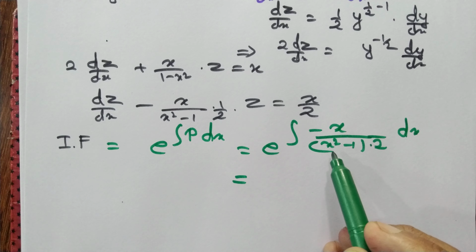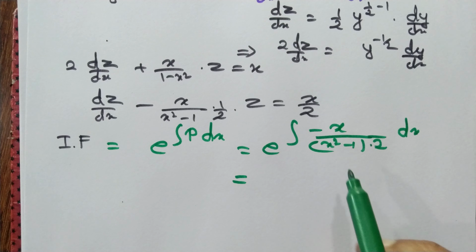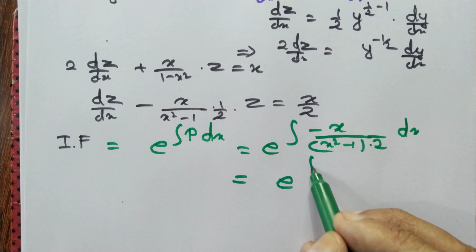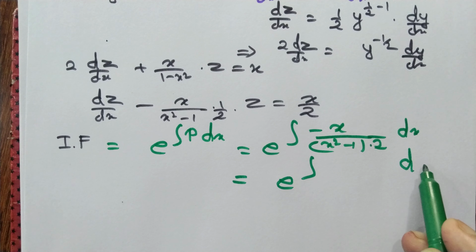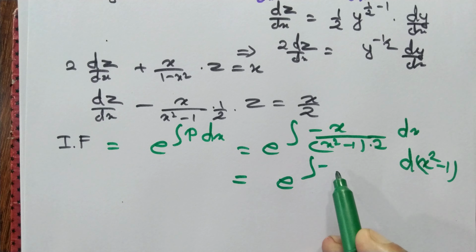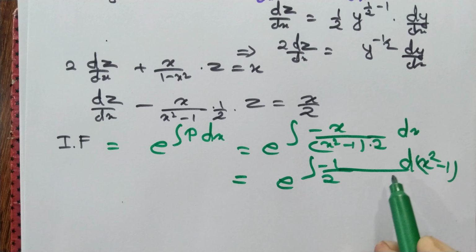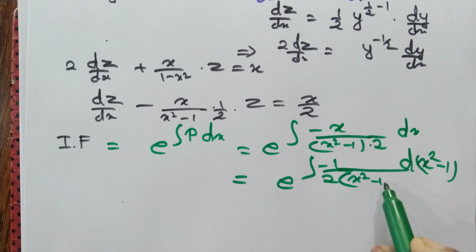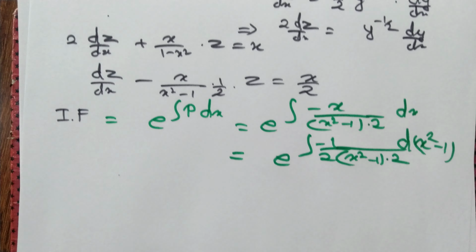Now you see that the derivative of x square minus 1 is 2x. So this can be written as integral of d of x square minus 1, that's 2x, so minus half, we need to write that as well, times x square minus 1 times 2.